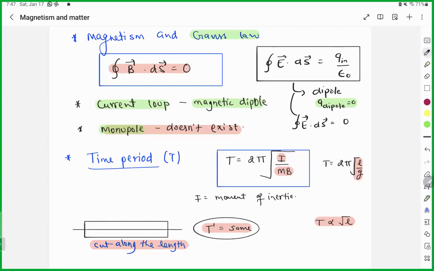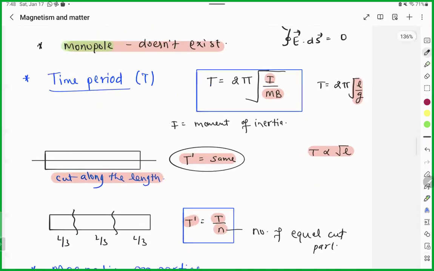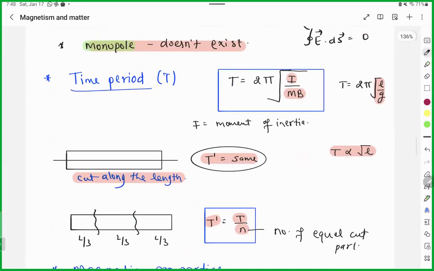I think this time period question is a 2024 NEET question. They asked it, if you are aware of this. It was a direct question. Okay, in oscillation, time period is equal to 2 pi under root L by G. This is the oscillation formula.